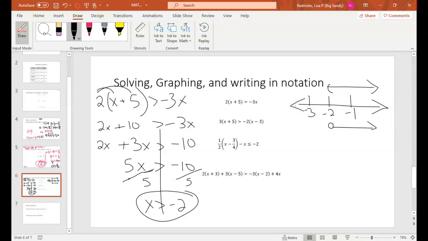And then we have interval notation, so it starts at -2 and goes to positive infinity, and it is not touching either of those. Or we can have set builder notation, the set of all x's such that x is greater than -2.